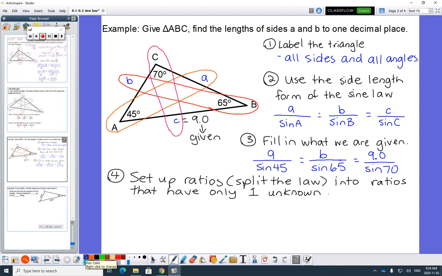So again, there's a variety of ways you can do this. I'll just write it with a dotted line here.